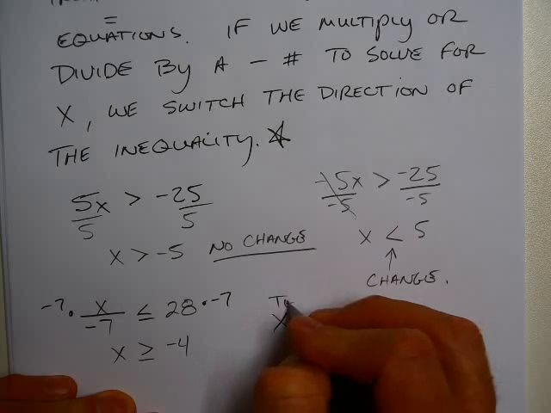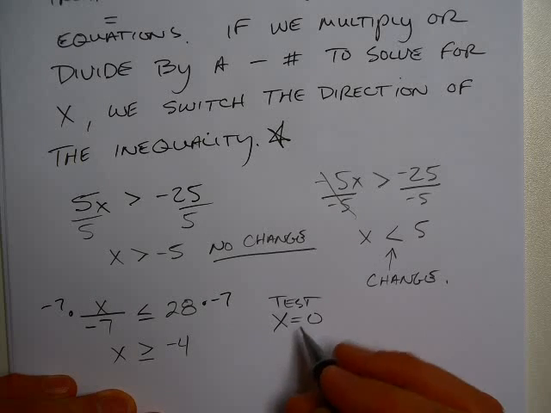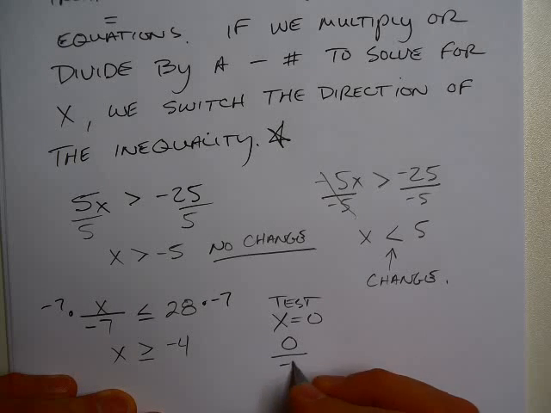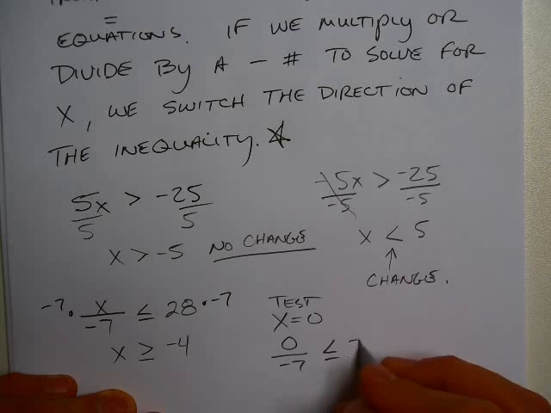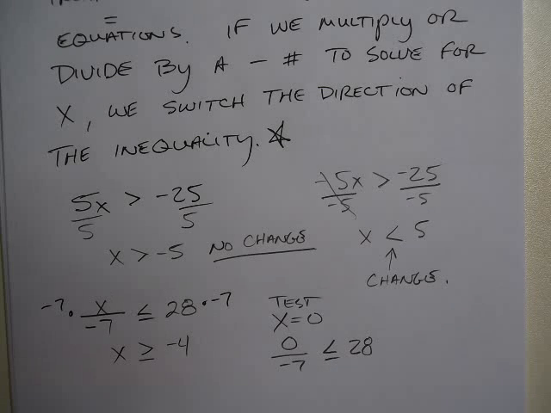This is a test. If x equals 0, is 0 divided by negative 7 less than or equal to 28? Is that true or false? What's 0 divided by anything? 0. You can't put the 0 in the bottom number, but you can put it in the top. So this is just 0. Is 0 less than or equal to 28?